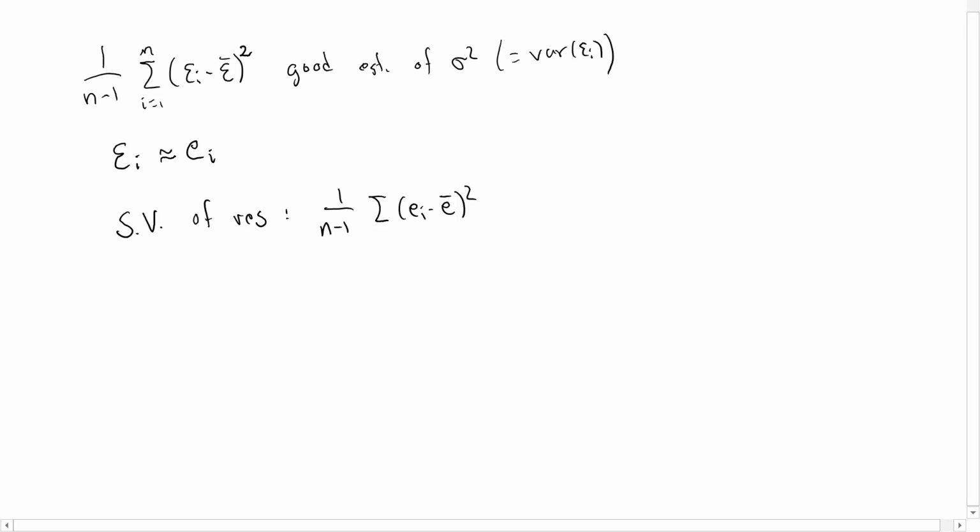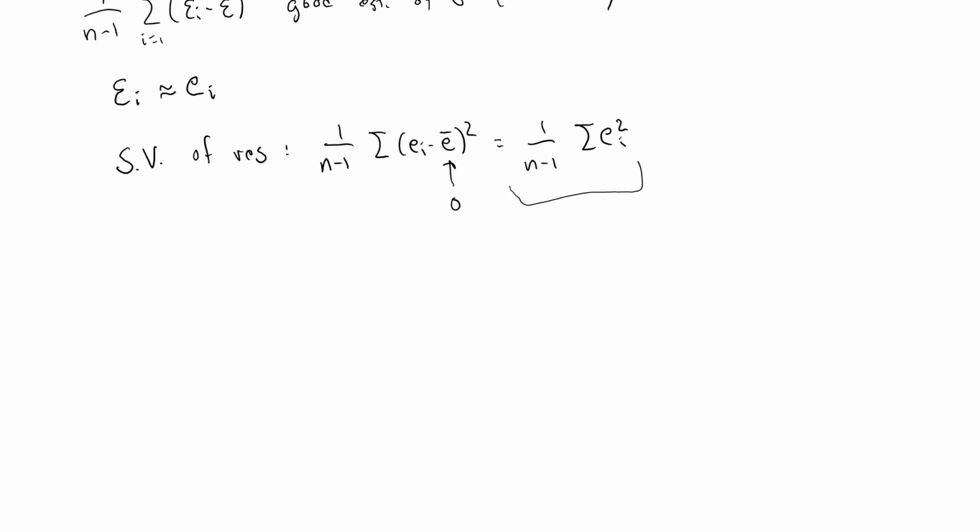If the e i's are close to the epsilon i's, then the sample variance of the e will be close to the sample variance of the epsilon. Well, we know that if we use OLS, then e bar is 0. So this is 1 over n minus 1 summation e i squared. So we could use this as our estimator of sigma square.